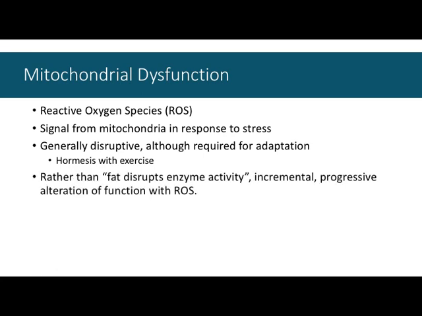So it could be, rather than fat somehow disrupting the enzyme activity or the signaling cascade, that if the release of ROS, or the release of free radicals, is disrupted with obesity, and it's progressively more and more disrupted as you become more obese or diabetic, then these might be the conveyors.